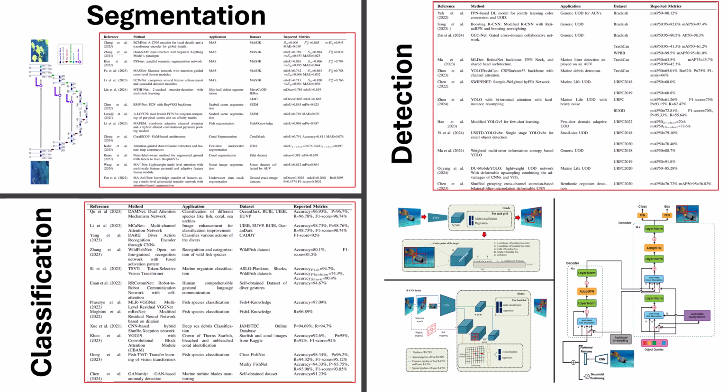Finally, for segmentation, recent literature utilized fully convolutional networks, encoder-decoder architectures, DeepLab-style models, GAN-based approaches, and more recently Segment Anything Model variants, also known as SAM, enabling fine-grained pixel-wise analysis of complex marine scenes.